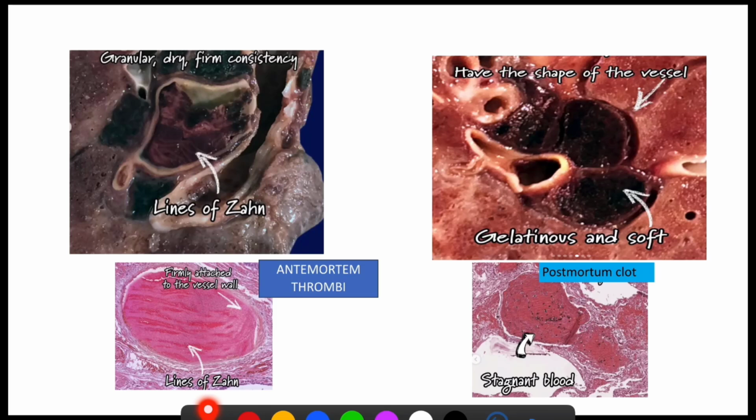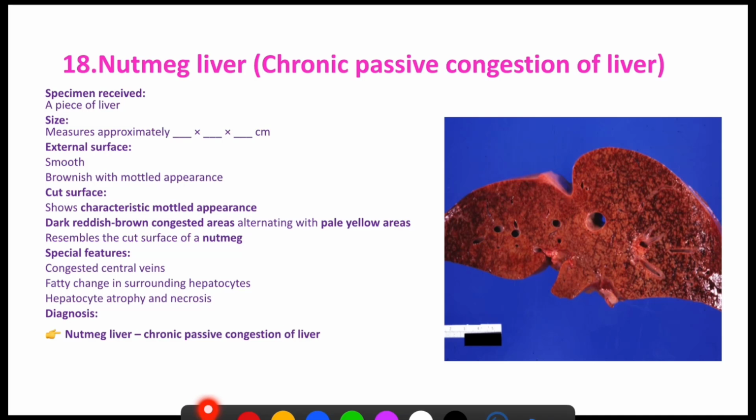This is the microscopic appearance where alternating light pink and red lines are there. This is the antemortem thrombus, and this is the gelatinous homogeneous material, the postmortem clot, due to stagnant blood in the vessel. It does not have lines of Zahn.